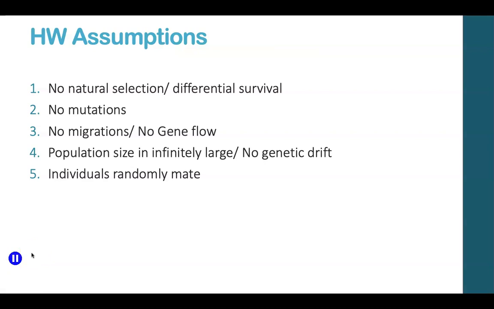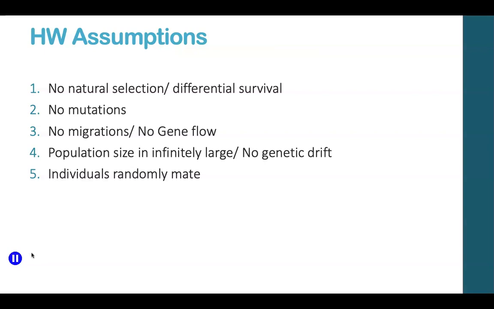Now we also need to make one more assumption, and that assumption is that there is random mating. So what this means is that for the gene that we are looking at, for the allele frequencies that we're looking at, individuals are not choosing to mate with a particular phenotype or a particular allele.